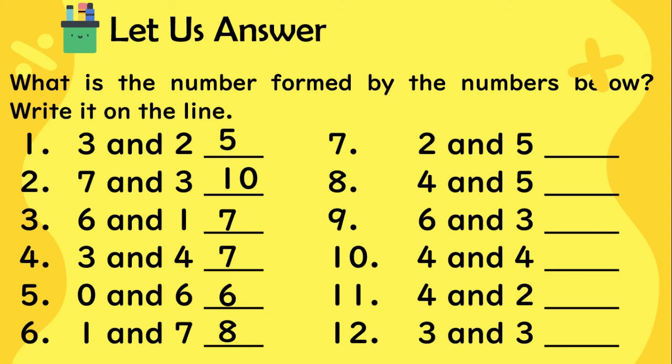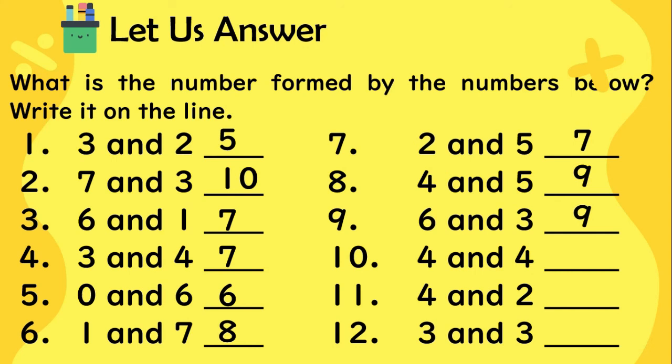For number 7, 2 and 5. That will be 7. Number 8, 4 and 5. That will be 9. Very good. Number 9, 6 and 3. That will be 9. Number 10, 4 and 4.